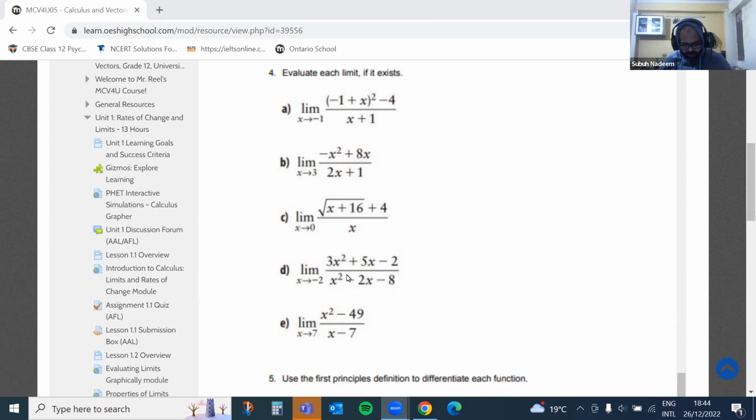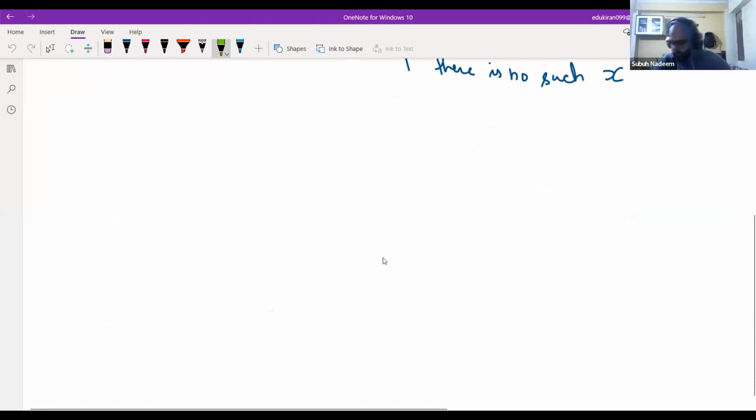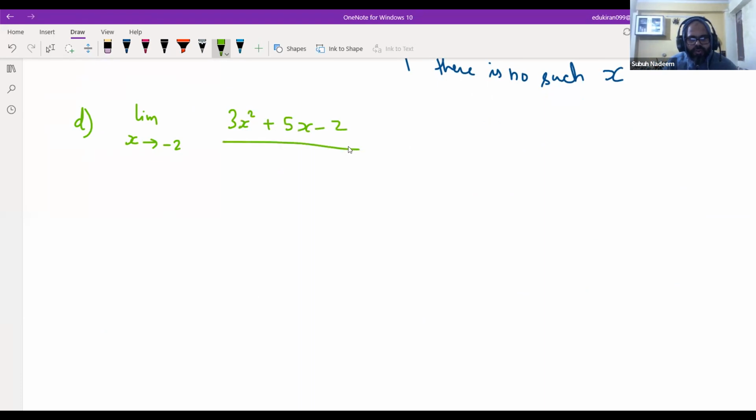Let us check. I'll take the pic here. For D, the limit is x approaching -2 of (3x² + 5x - 2) upon (x² - 2x - 8).